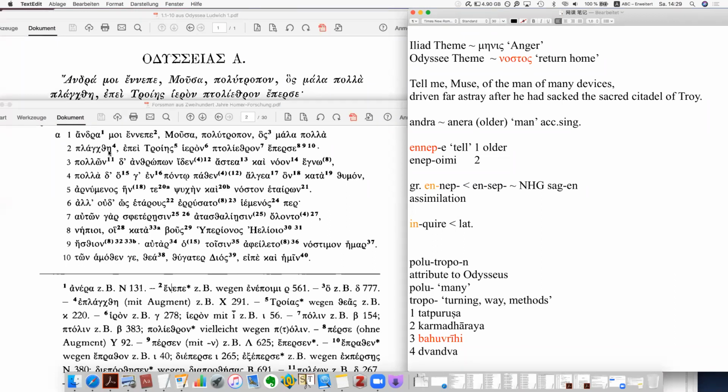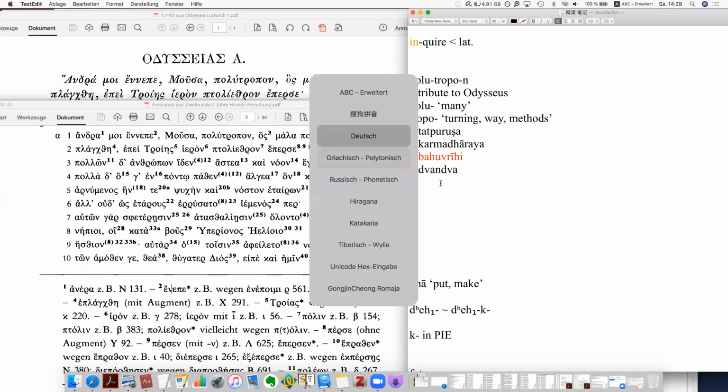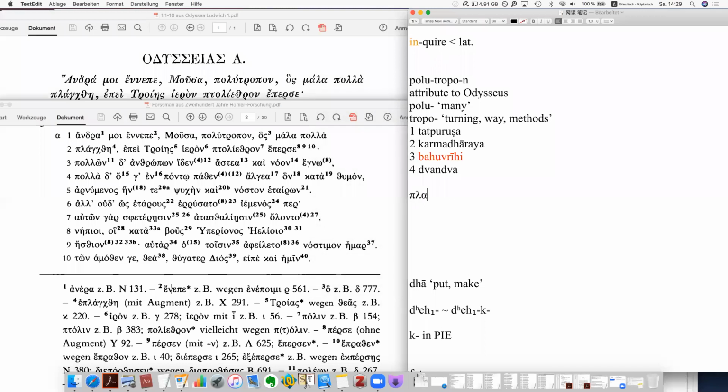And then the next one called planxe. Okay, sorry, planxe. I write it here. Well, the English transcription would be a little bit weird, so I think I use the Greek alphabet.